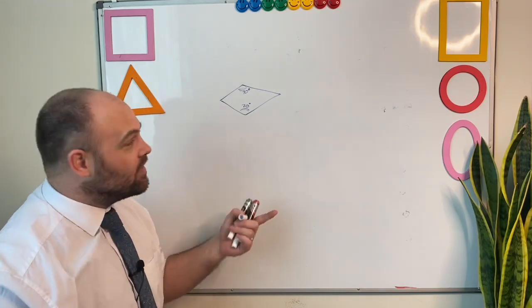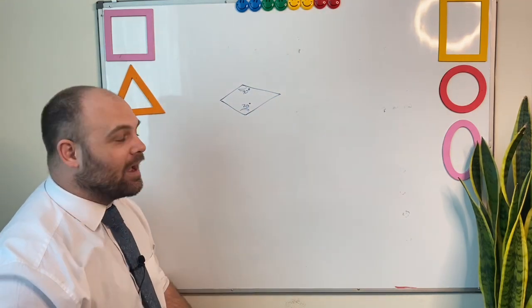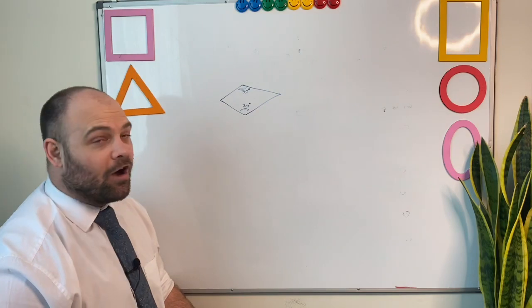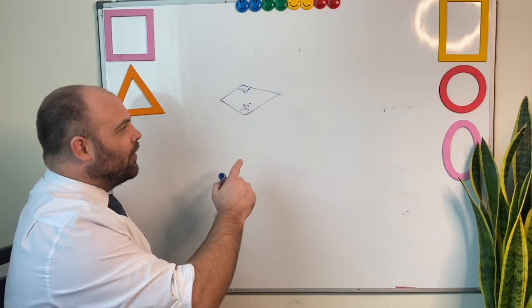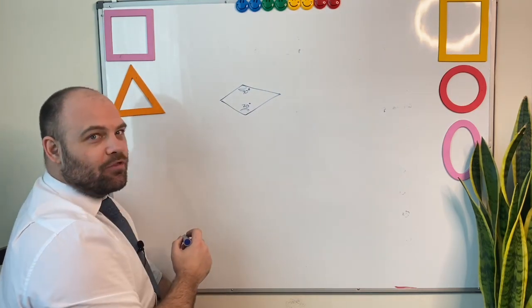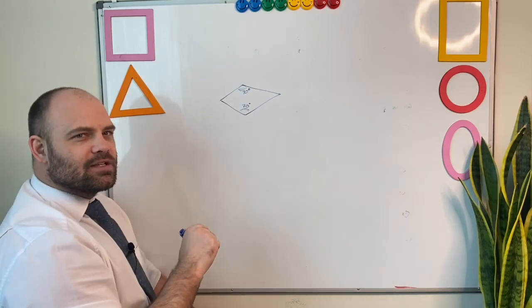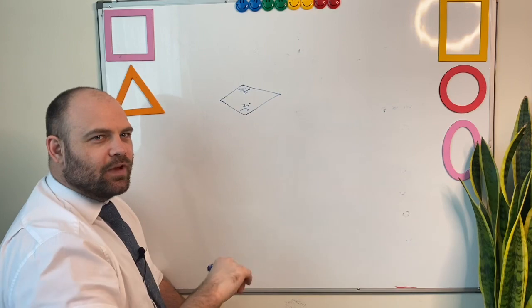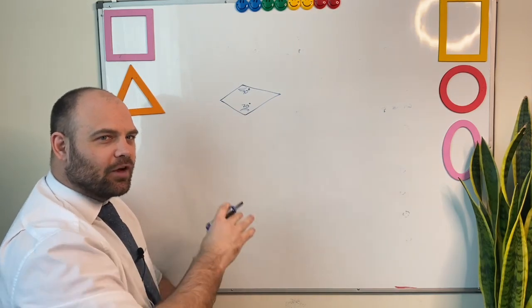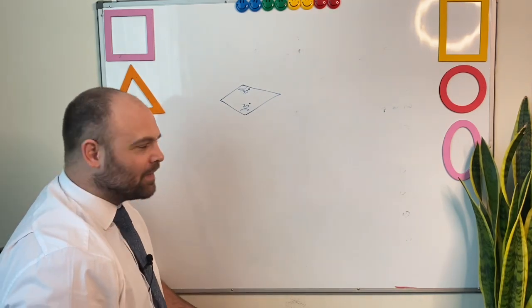Well, again, we know that the opposite inside angles of a rhombus are identical, and I know that all of this adds up to 360 degrees. So, try and figure this out. Pause this video and try and see if you can figure it out before I give you the answer.